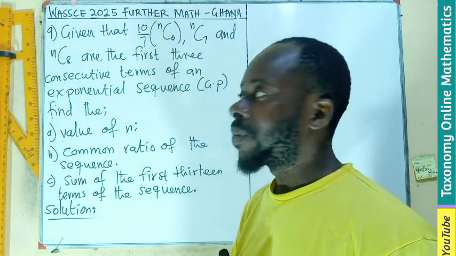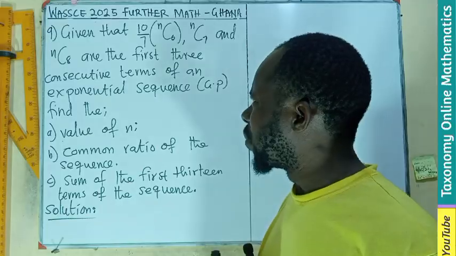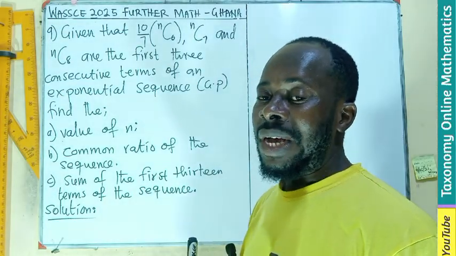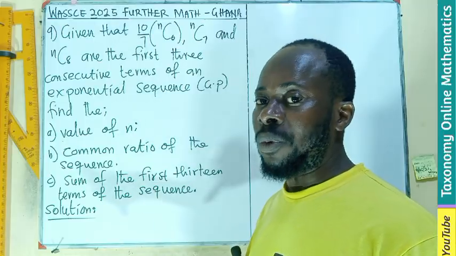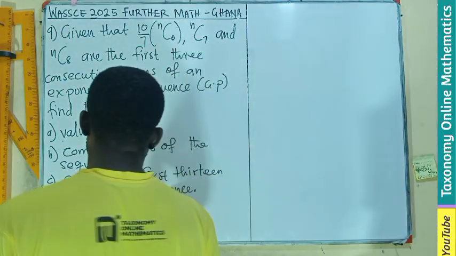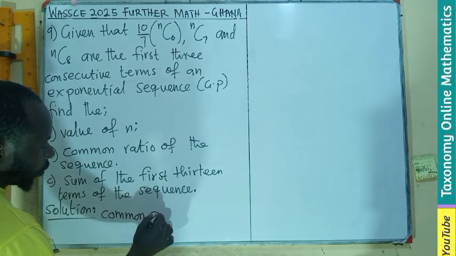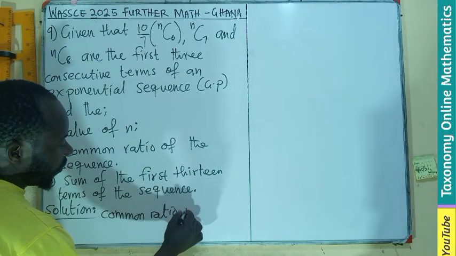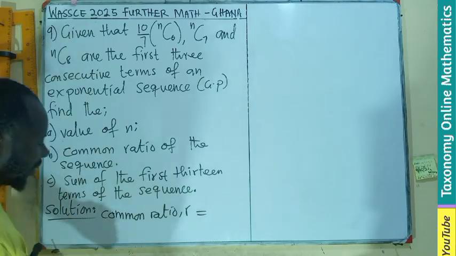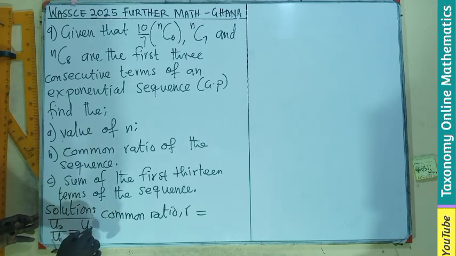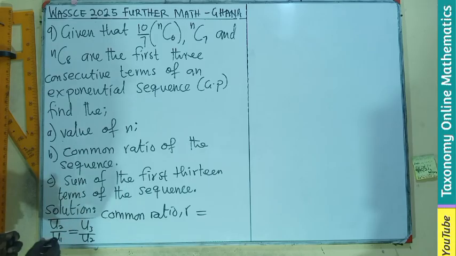Now, in order to do this, we have to recall, if we are dealing with an exponential sequence, how do we find the common ratio? We know that the common ratio, which is given as R, is the second term divided by the first term, or the third term divided by the second term.